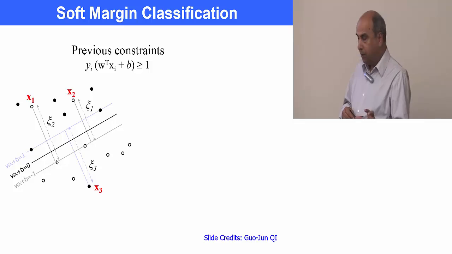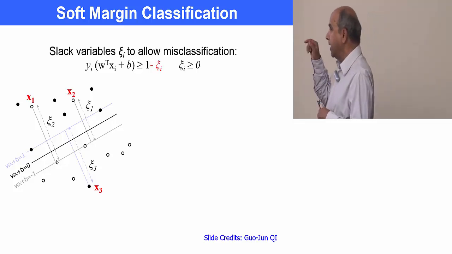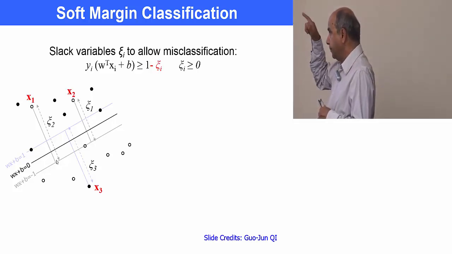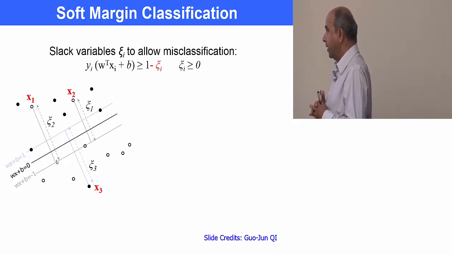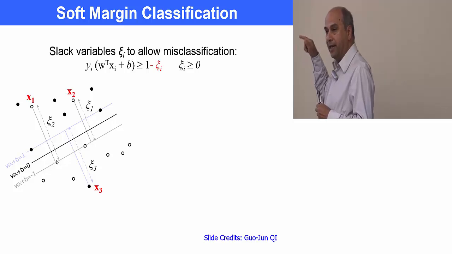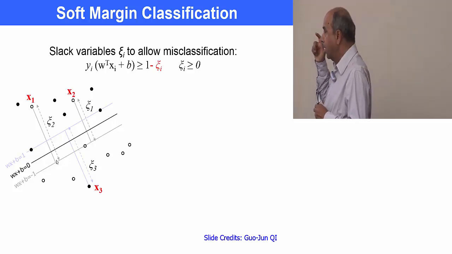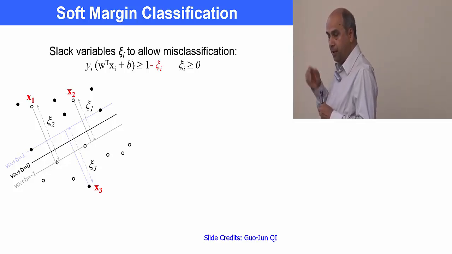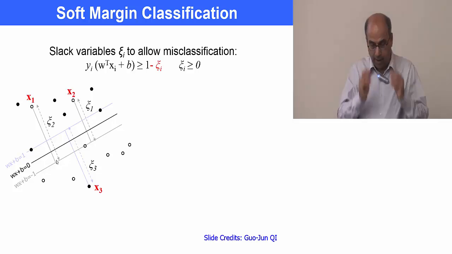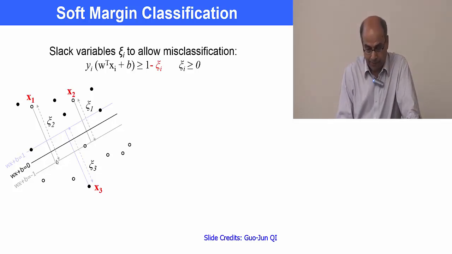So now we are going to use a constraint like this. We say that yi w transpose xi plus b should be greater than or equal to 1 minus eta i. These are the errors, as compared to what we had there, which was just a 0. So we have 1 minus eta i, and eta i is a positive number, greater than or equal to 0.